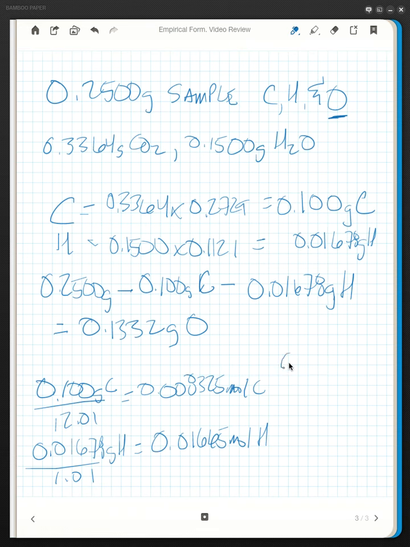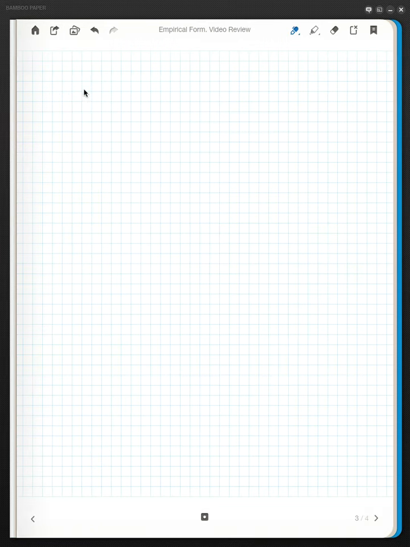And over here you have 0.1332 grams of oxygen divided by 16.00, and you end up with 0.00837 moles of oxygen.